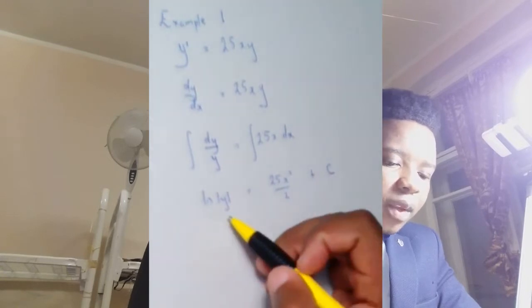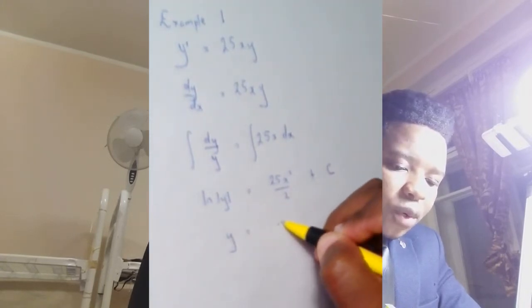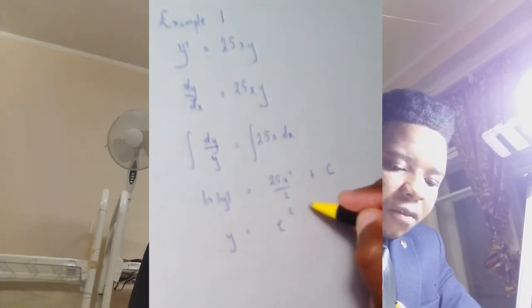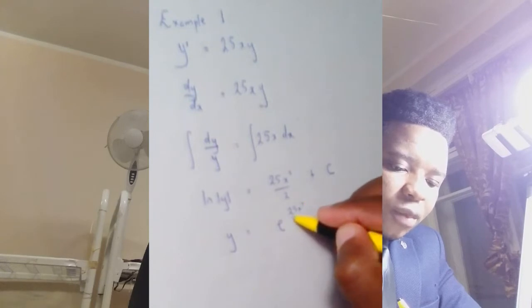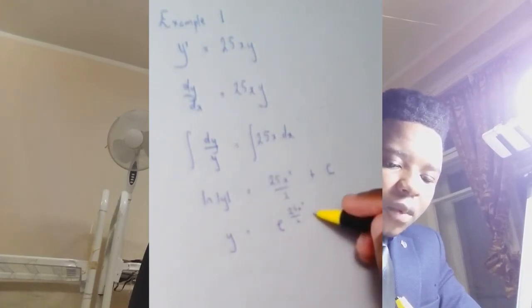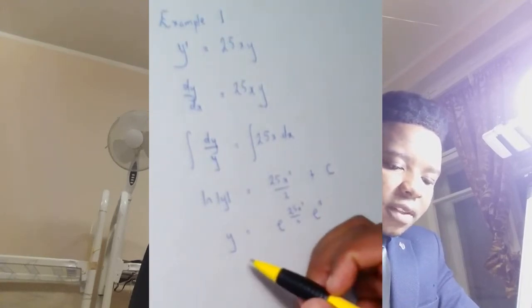So taking exponent of both sides, we're left with y is equal to exponent of 25x squared divided by 2, multiplied by exponent of c, and exponent of c is just a constant.